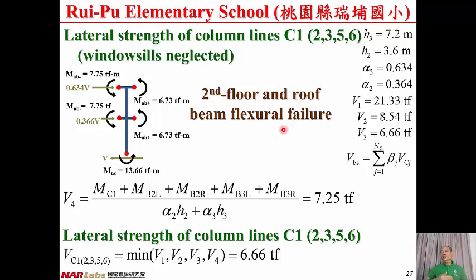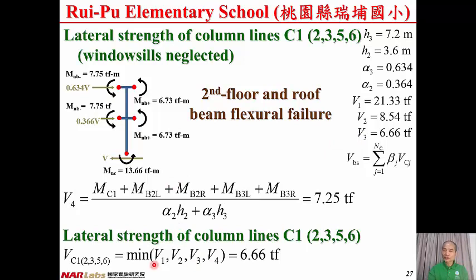Then we move to the last failure mode, that's the flexural failure of the beams on the second floor and the roof. V4 equal to MC1 plus MB2L plus MB2R plus MB3L plus MB3R divided by alpha 2H2 plus alpha 3H3 equal to 7.25 ton force. Once we have V1, V2, V3, and V4 for all failure modes, then we pick up the minimum one.